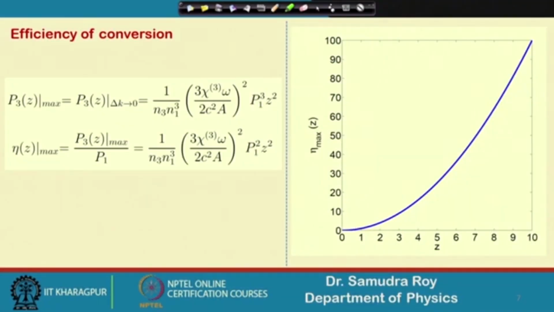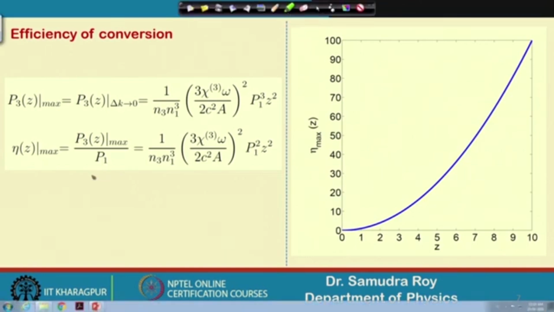So, now look at this curve. If I now plot the efficiency, it is nothing but the ratio of the power that is generated divided by the input power. So, this is the quantity we can define as efficiency, and now we write efficiency max, that means maximum efficiency I am talking about.